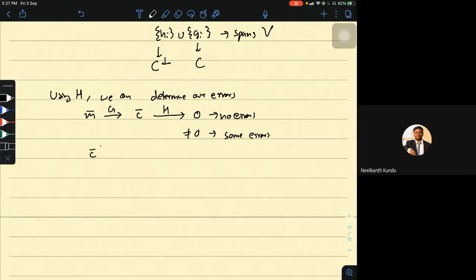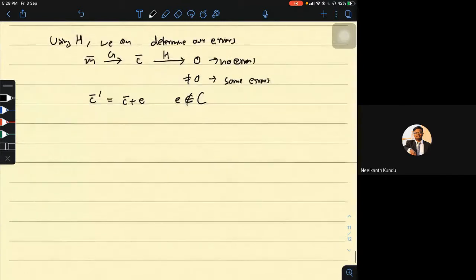So say the erroneous vector is C plus some error. I'm assuming this error does not belong to the code space. If I take the inner product with the basis vectors of my dual space, that is H, this will give me H C transpose plus H E transpose.